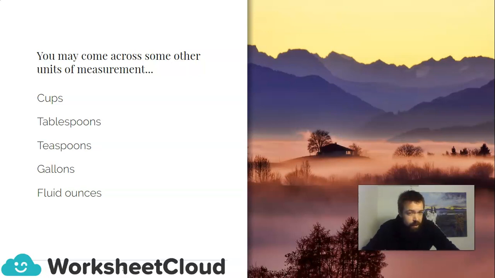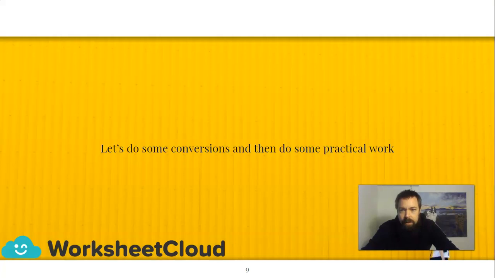My suggestion is, if you ever come across gallons or fluid ounces, just go to Google and type the word gallons in, and it'll finish for you in liters or milliliters. It'll be able to convert for you very quickly. You might not even have to finish typing. So let's go and do some conversions, and once we've done some, I'll show you how we might practically apply some of these.